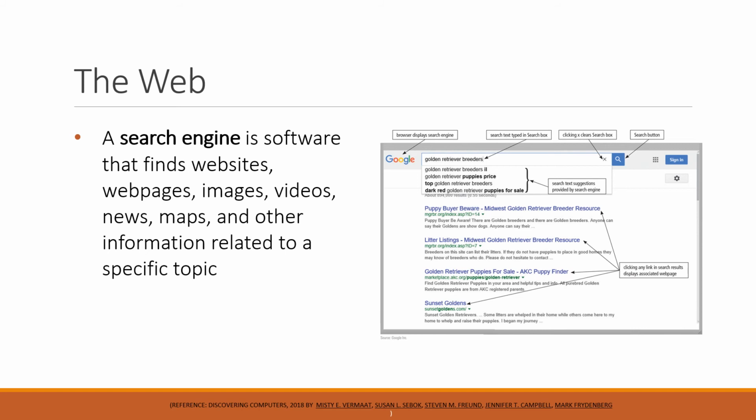And then a search engine is software that finds websites or web pages, images, videos, news, maps, and other information related to a specific topic. Suppose we are familiar with the popular search engine we call Google.